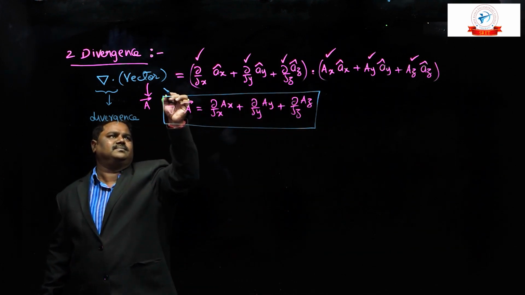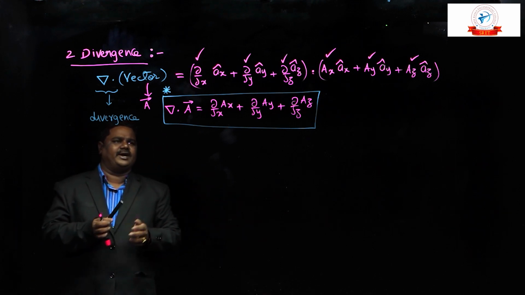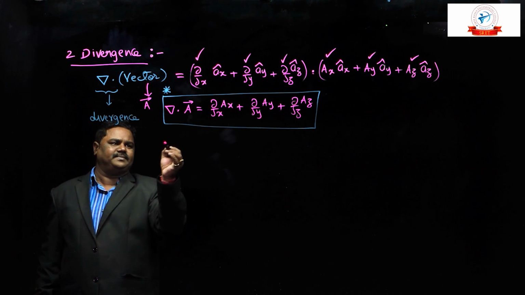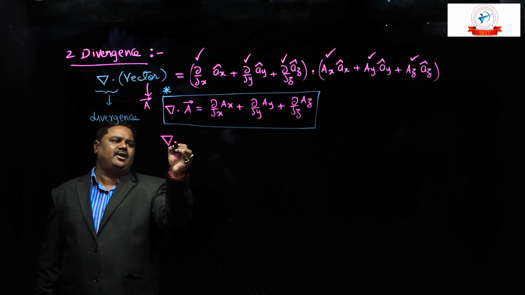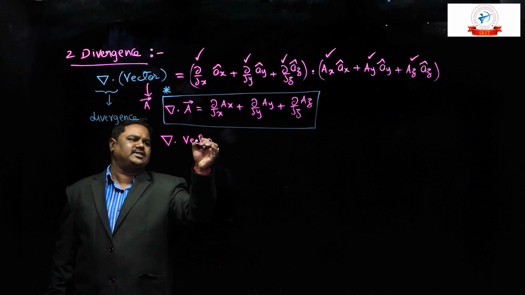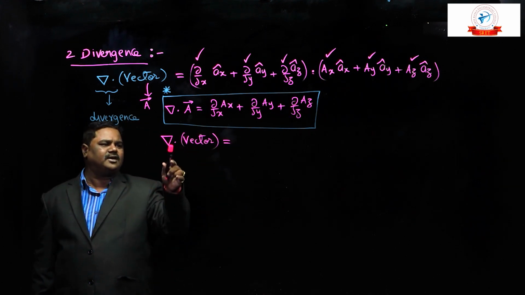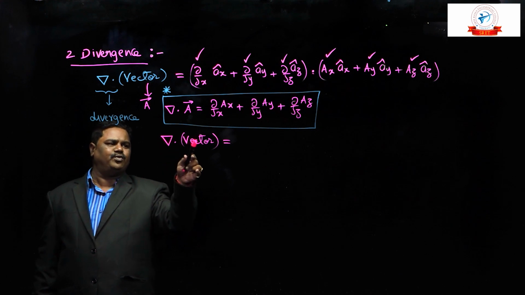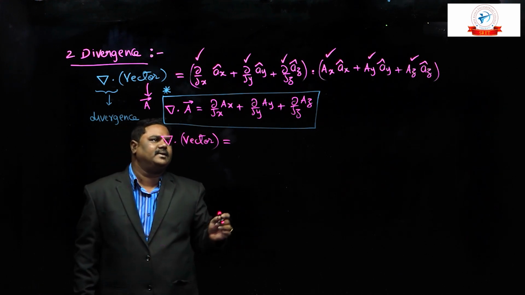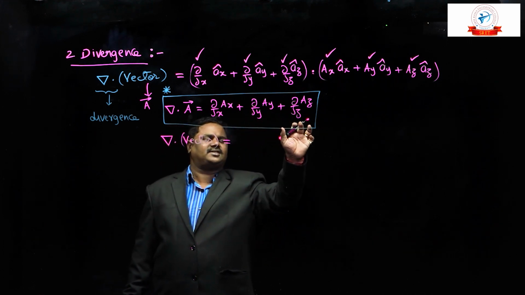Here you need to understand an important point. We have applied the divergence operation on which quantity? Here del dot A bar, A is a vector. So the divergence operation is applicable only on vectors, as you know a dot product is applicable only between two vectors. So the second quantity must be a vector quantity. And what is the result? Is the result a vector or a scalar?